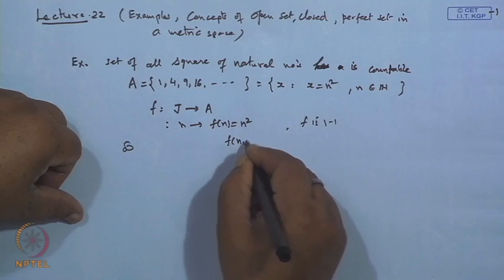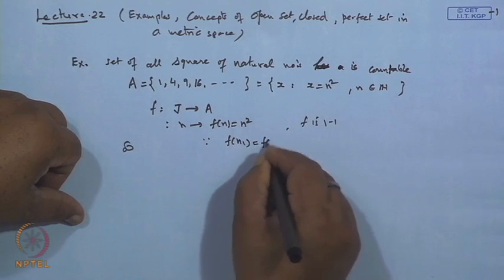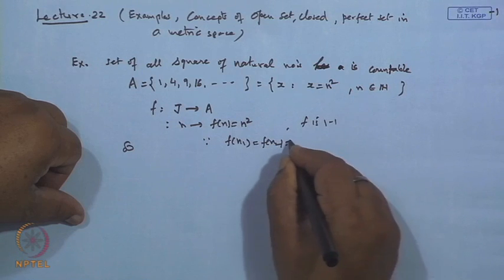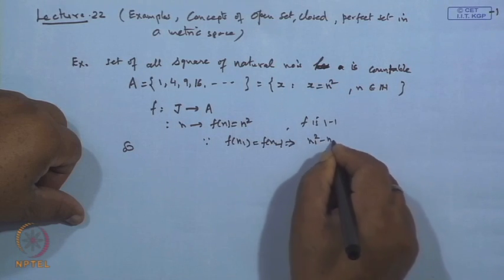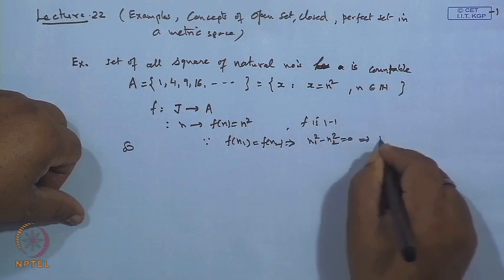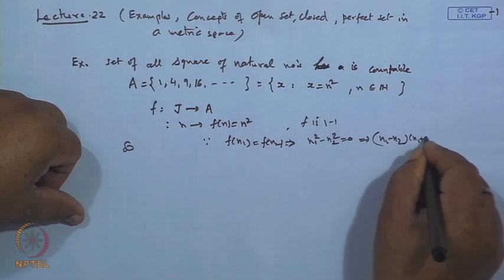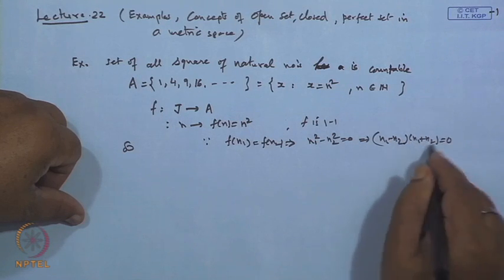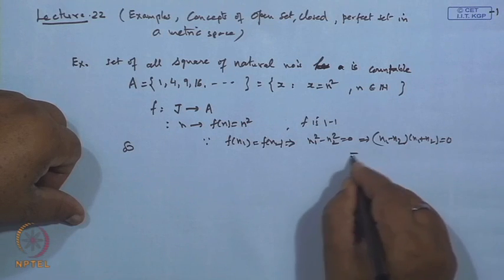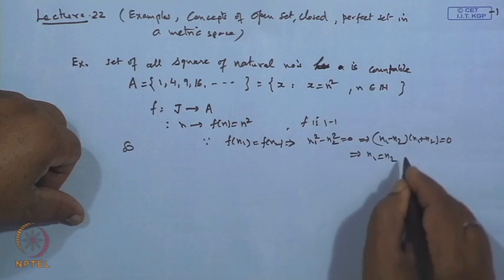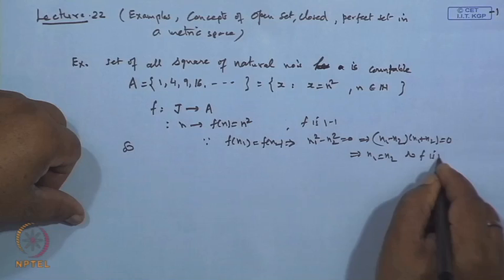Because f of n1 equal to f of n2 implies n1 square minus n2 square is 0, which implies (n1 minus n2) into (n1 plus n2) is 0, but n1 plus n2 cannot be 0. So, this implies that n1 is equal to n2. So, f is 1-1.